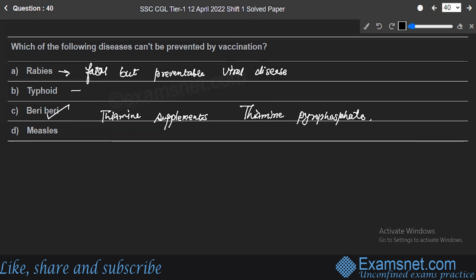Next, talking about typhoid. Typhoid is a bacterial infection that can spread throughout the body, affecting many organs. It is caused by bacteria. Let's talk about the measles. Measles is an acute viral respiratory illness.